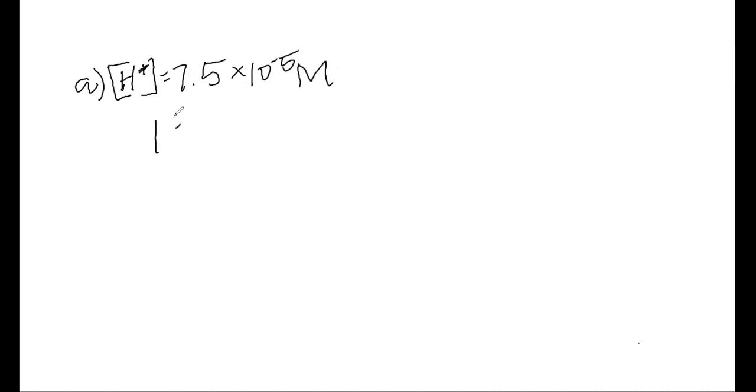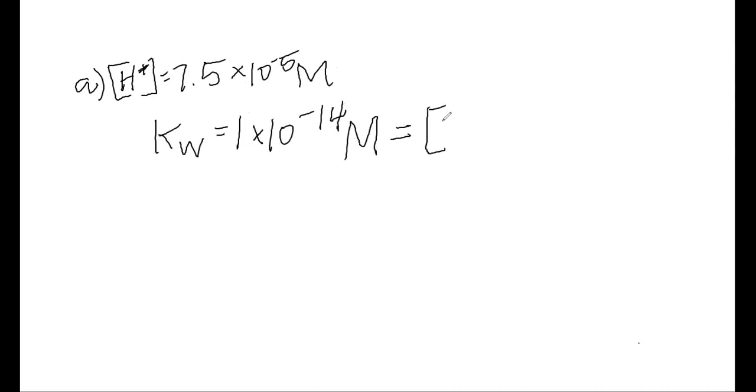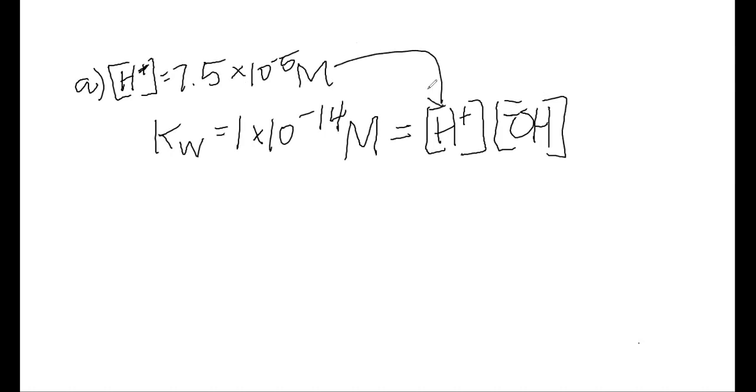Kw equals 1 times 10 to the negative 14th, which is equal to my hydrogen concentration times my OH minus concentration. I have the hydrogen ion concentration, so plug it in right there, and then we solve for OH.